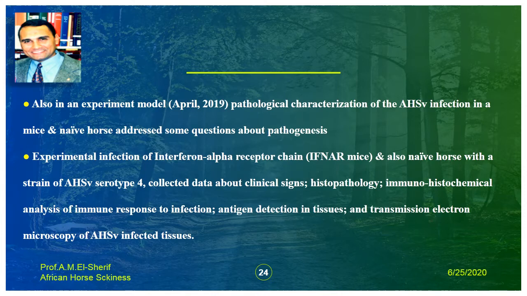It involved experimental infection of interferon alpha receptor chain mice and naive horses with a strain of African horse sickness virus serotype 4, then collected data about clinical signs, histopathology, immunohistochemical analysis of the immune response to infection, antigen detection in tissues, and transmission electron microscopy of infected tissues. This will be explained in the rest of this video.